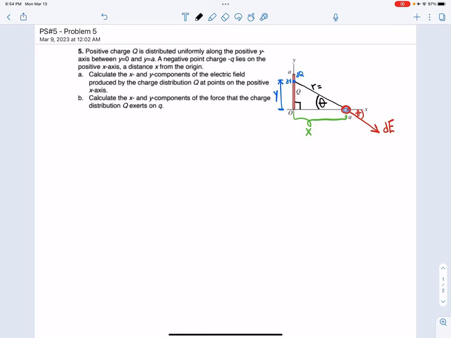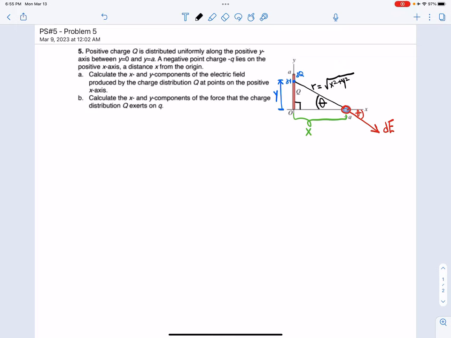That's r, the distance between the two charges, this charge right here, this location here, and the dq right here. That would be r equals square root of x squared plus y squared, right? That's just Pythagorean theorem. Okay.